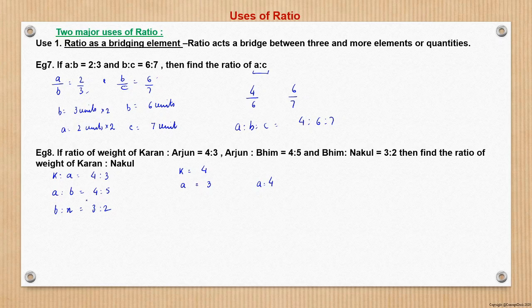And Bhim is 5 units. And from third equation, Bhim is 3 units and Nakul is 2 units, right? So what do we have to do?